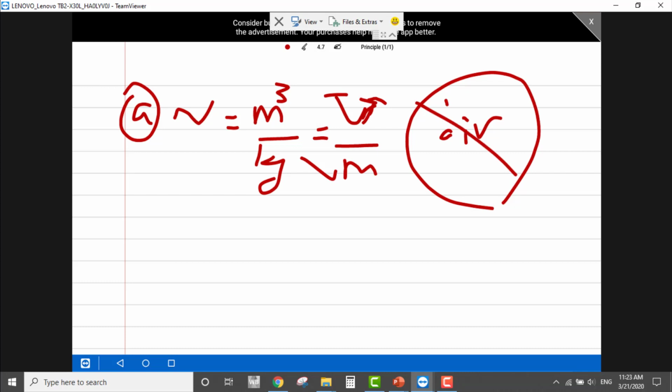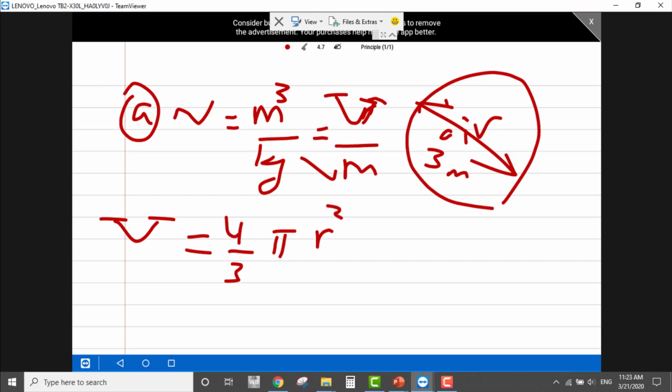So this is a balloon with a diameter of 3 meter. Then V of the spherical shape is equal to 4 over 3 pi r cube. If this is the diameter, then 4 over 3 pi multiplied by 3 over 2 to the power 3. Okay, so this is the volume.